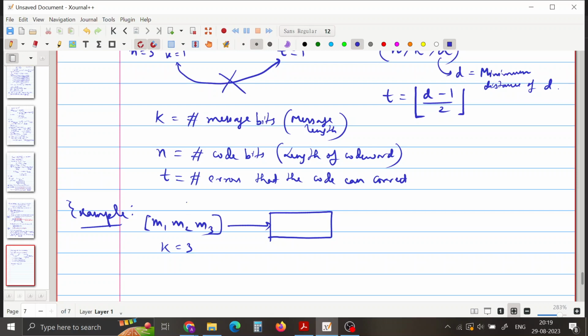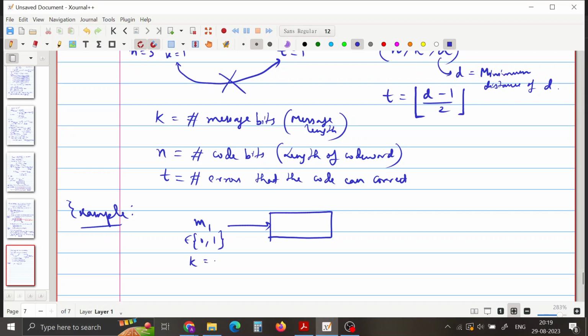Or for simplicity, let's say only 1 bit, M1. M1 is transmitted, either 0 or 1, any bit.